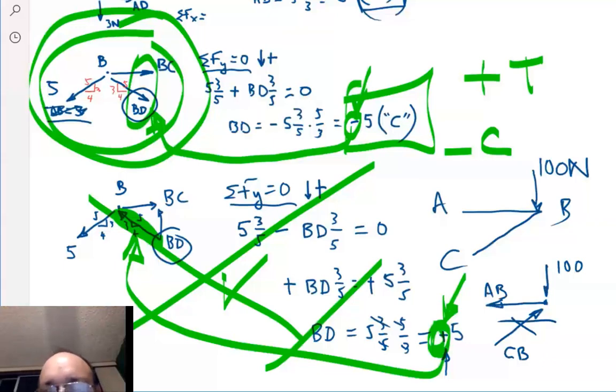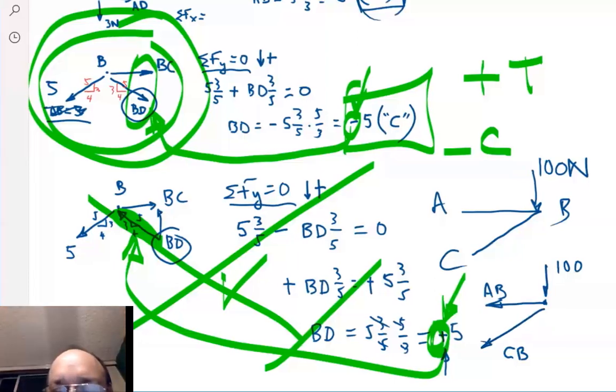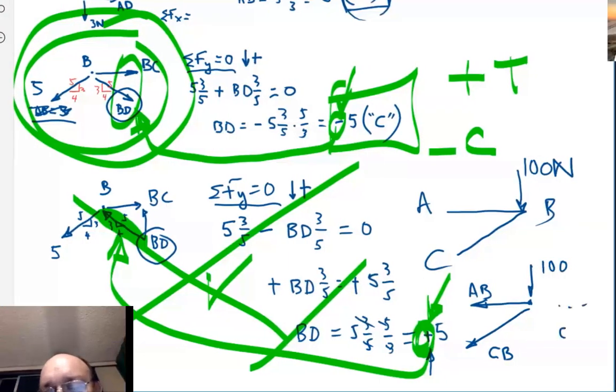Doesn't matter that you know that this is compression. The recommendation is always put unknowns in tension, always in tension. As soon as you solve this, you get that CB equals minus 50. Oh, okay, compression. All right. Okay. That helped a lot.